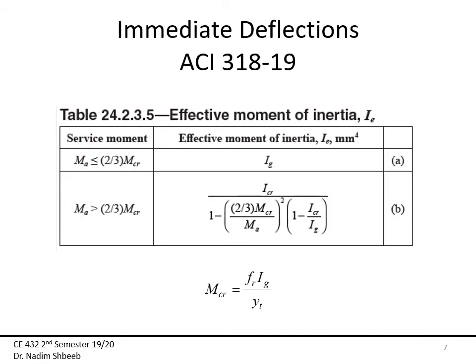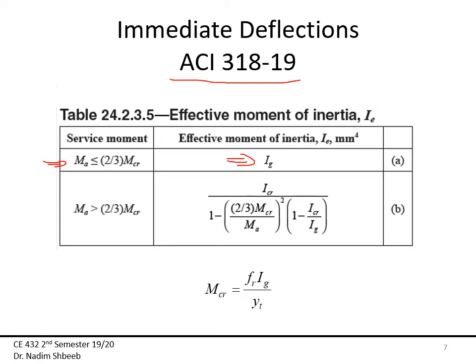What we do use is the new equation, which again changed in the ACI 19 code, and the form of the equation for the effective moment of inertia is different. Here we have limits. If my maximum moment is less than 2/3 of my cracking moment, then my effective I is equal to the gross moment of inertia. We are going to stop using the uncracked transformed section and just use the gross.